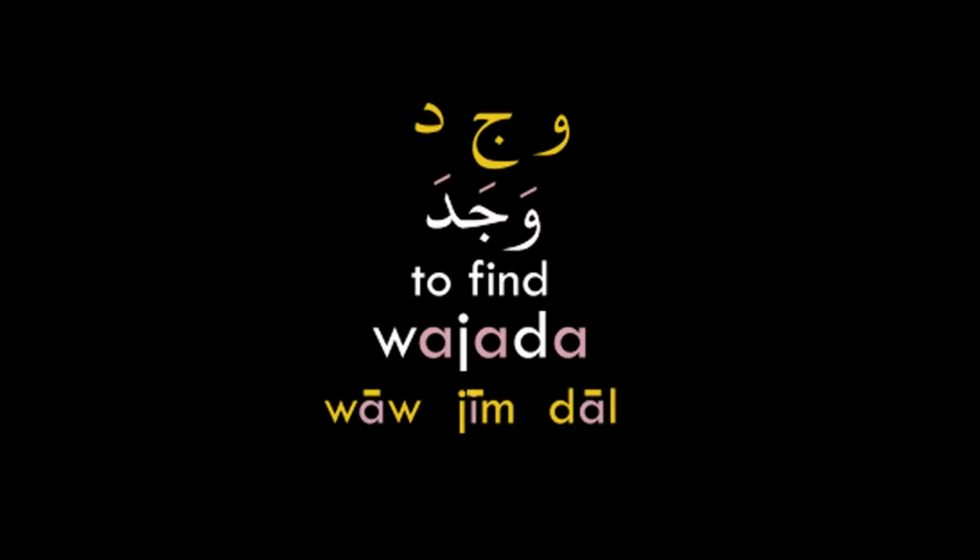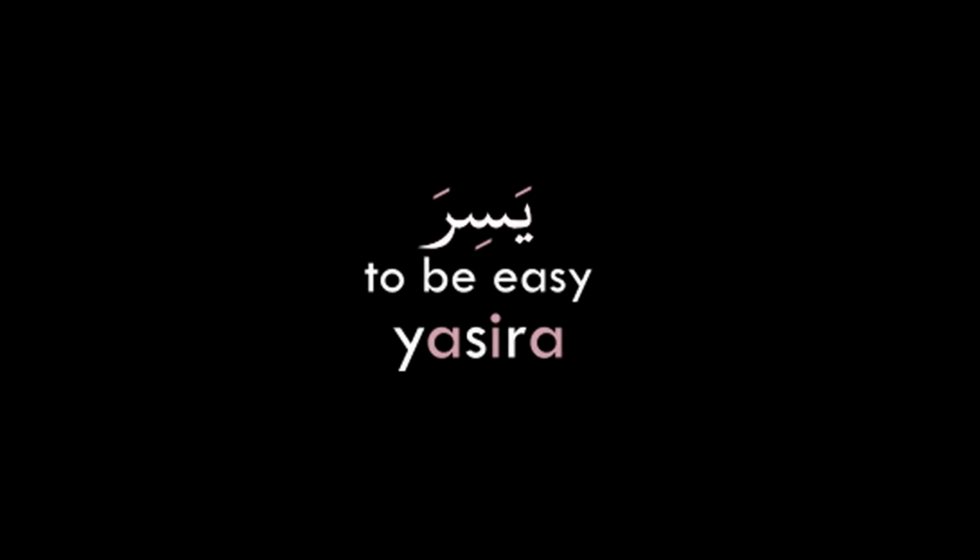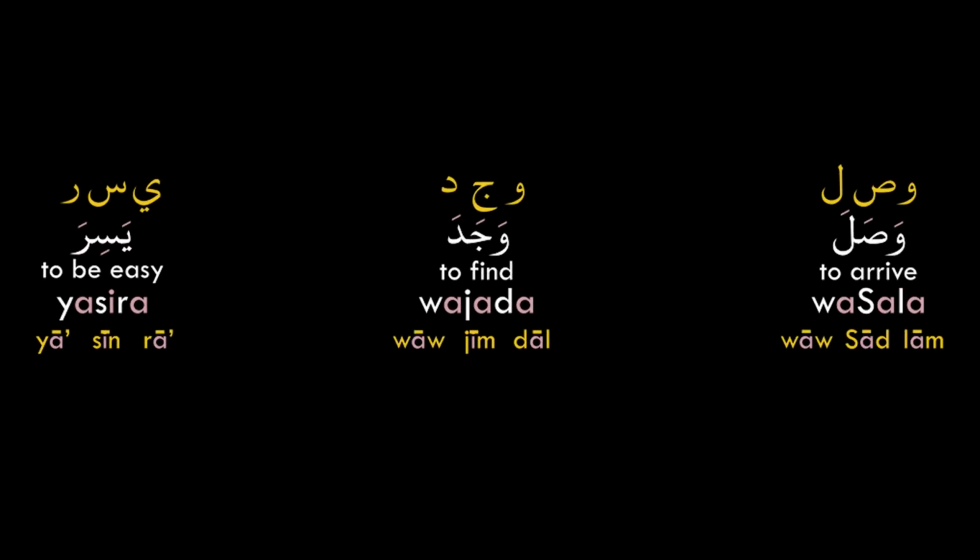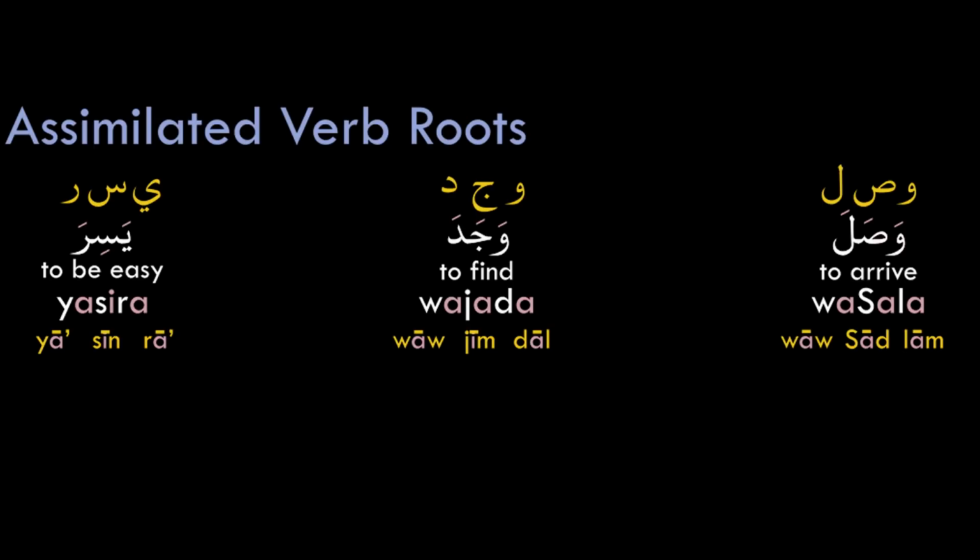Here also we have waw as a first letter, or yassara. The root letters are ya, sin, and ra. Here we have ya as a first letter. We call this type of verbs assimilated verb roots, or الفعل المثال.